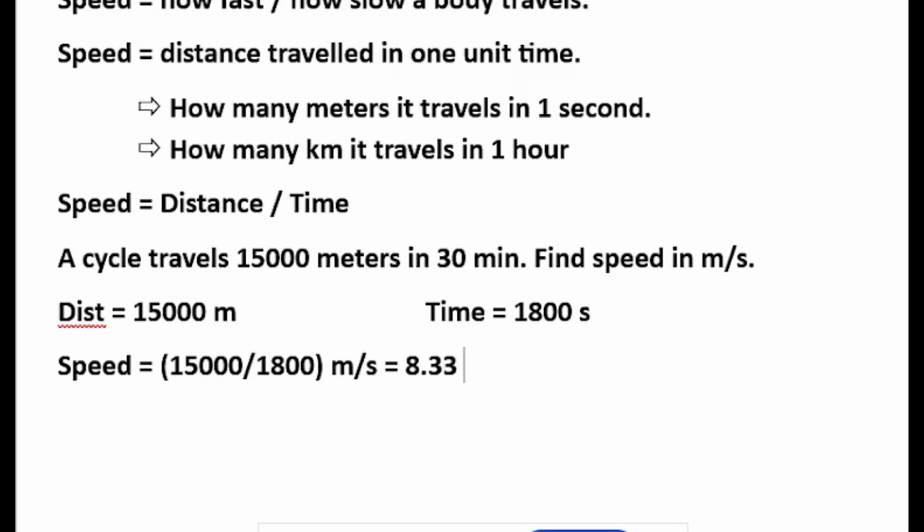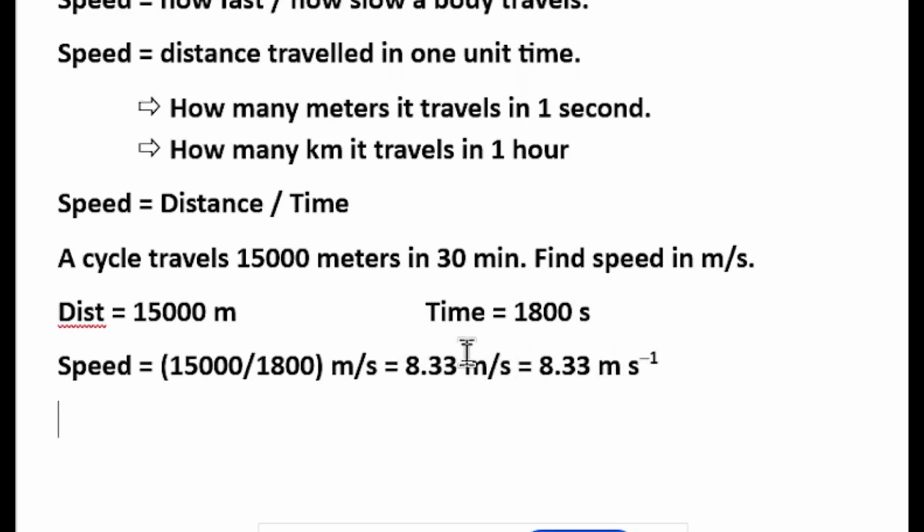8.33 meters per second. As I told you, the correct form of writing is m, always put a space, and then s power minus 1. Actually, this is the correct way of writing in higher maths and science.